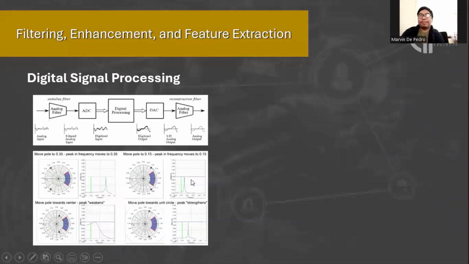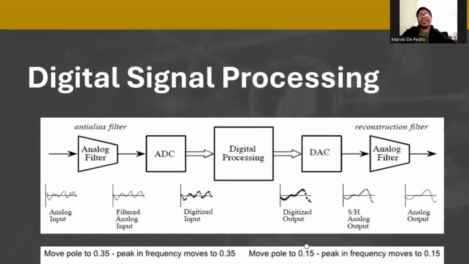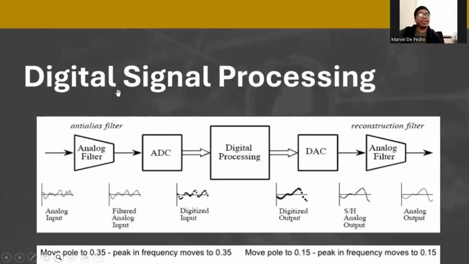Okay, now I believe this is the most technical part, so please bear with me. Everything that we're talking about is actually under the context of digital signal processing. We already mentioned that audio and video processing is just part of it.